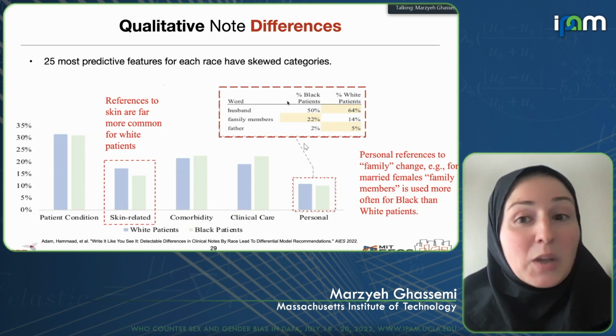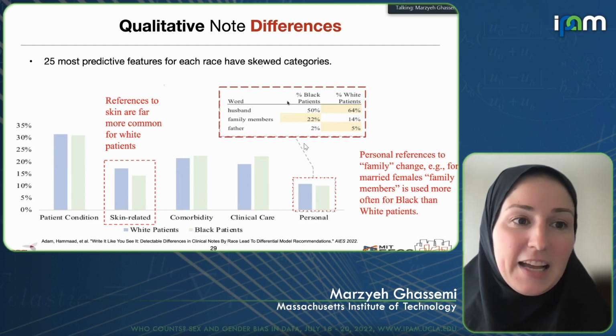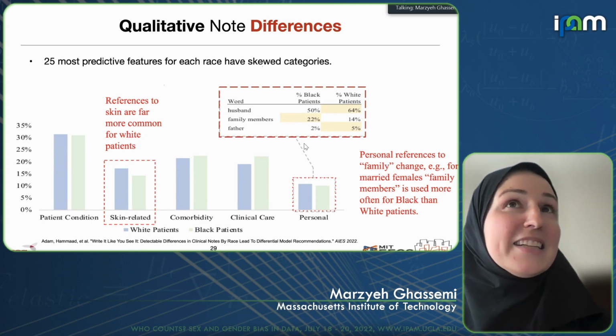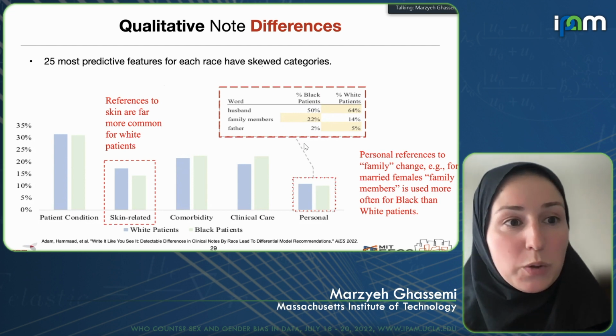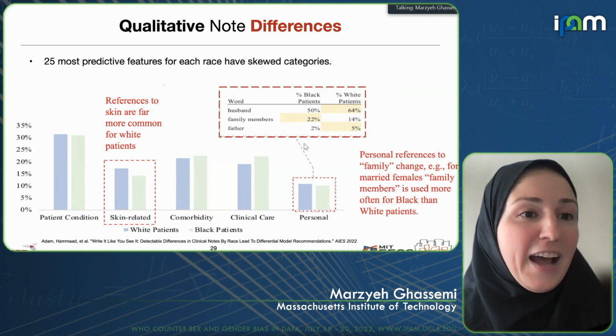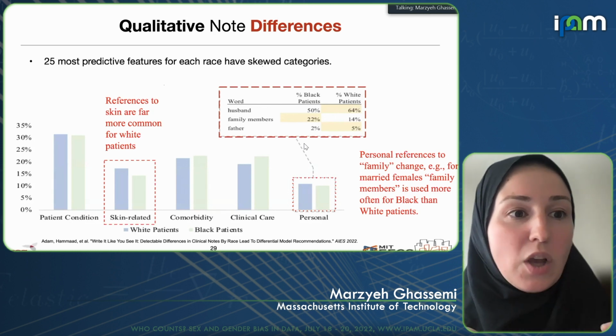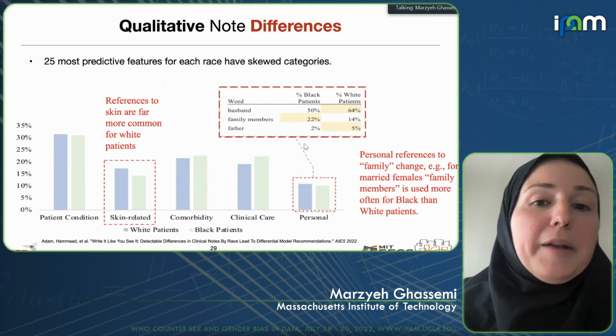When we talked to care staff, they said this tends to happen when they have very difficult engagements with patient families where they are not having a good relationship with the patient's family. That's reflected in the note. And so this is something that the model is picking up on.